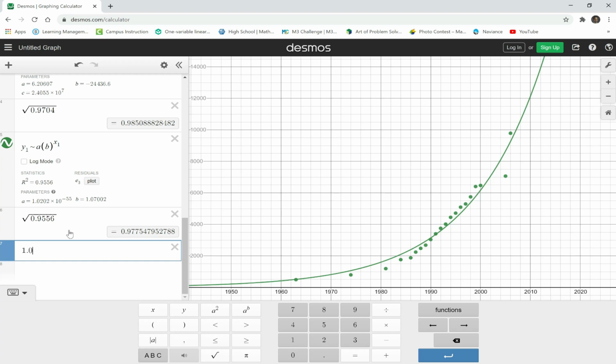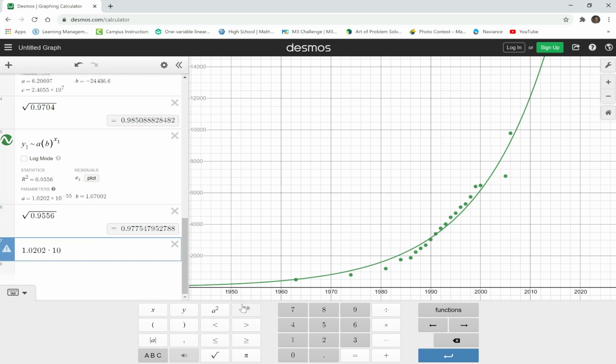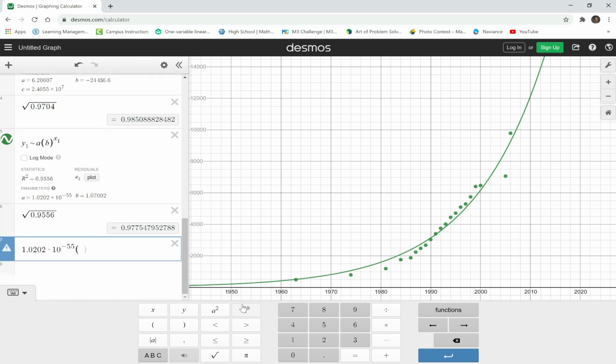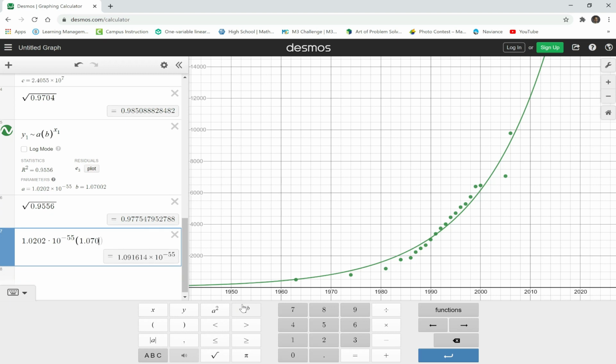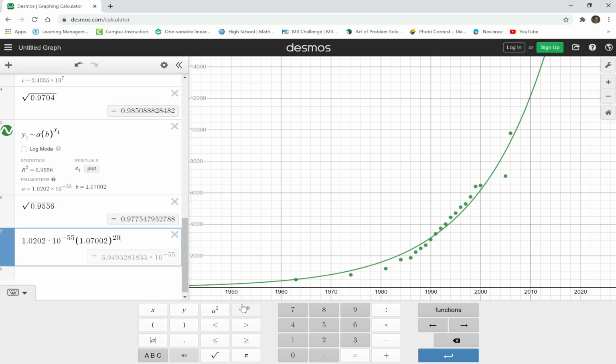So 1.0202 times 10 to the negative 55, parentheses 1.07002, and this time we'll raise it to 2020. So in 2020, we're expecting 24,005 pairs.